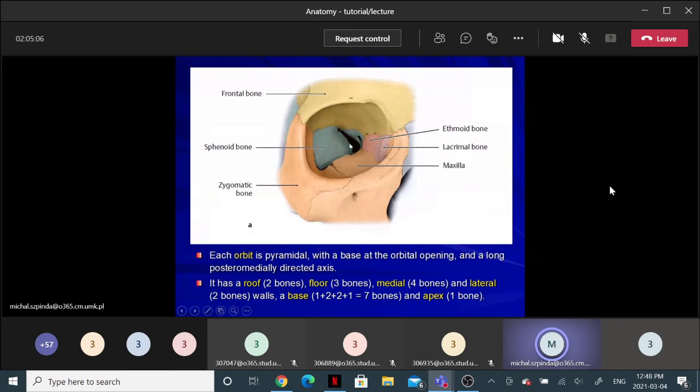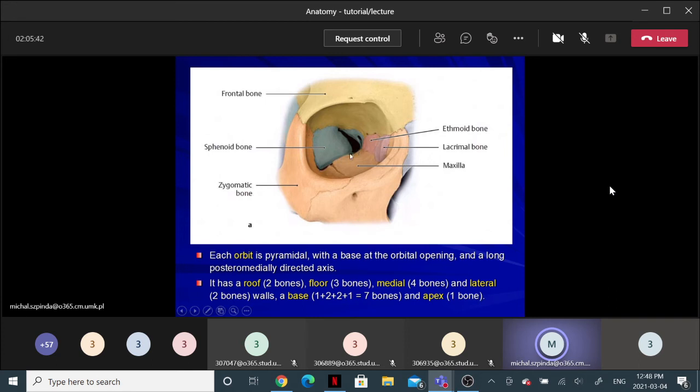So these two structures, optic canal and superior orbital fissure, are separated from each other by the posterior root of lesser wing, and both communicate with the middle cranial fossa. Contrariwise, the inferior orbital fissure does not refer to the cranial cavity.